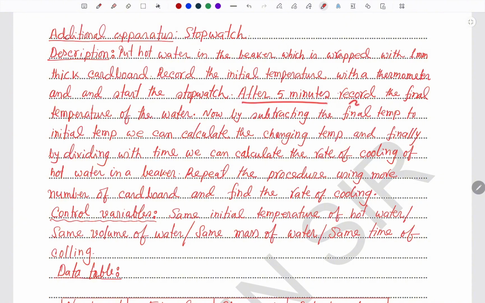After 5 minutes, record the final temperature of the water. Now, by subtracting the final temperature from the initial temperature, we can calculate the change in temperature. And finally, by dividing by the time, we can calculate the rate of cooling of hot water in a beaker.